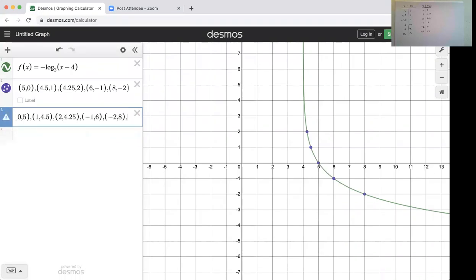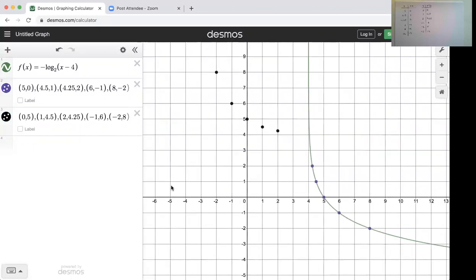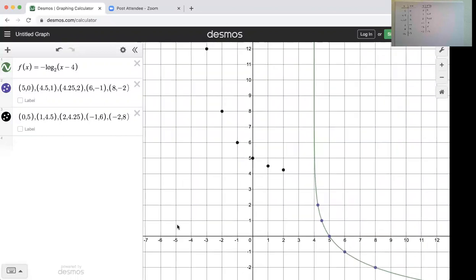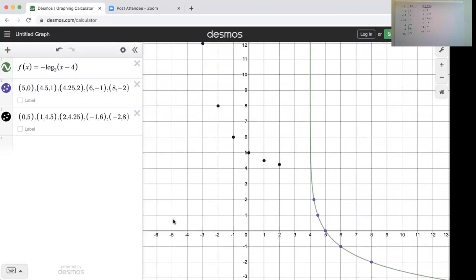Negative 3, 12. So we can look at these graphs now. And the question is, does that look like the inverse to you? Could you draw that by hand? Where is the asymptote? Well, we saw for our original function, the asymptote was at x equals 4.